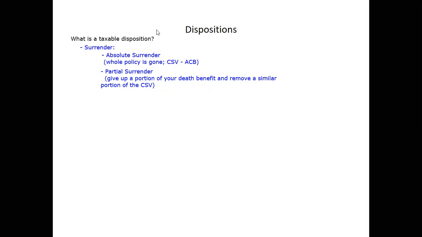So for example, if you reduce your death benefit by 40%, then you're going to deal with all the associated tax consequences. You would pay 40% of the tax of an absolute surrender, a complete surrender.